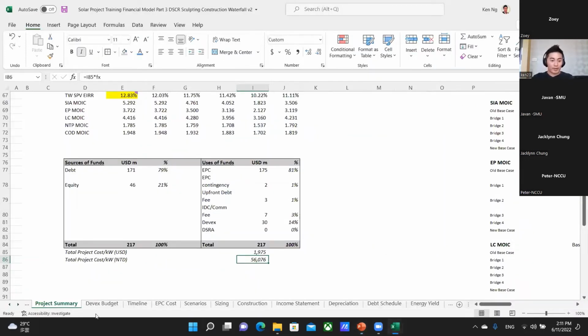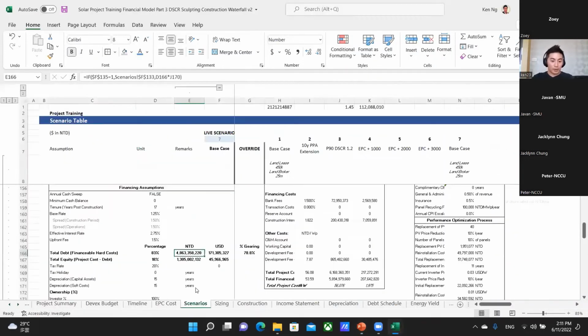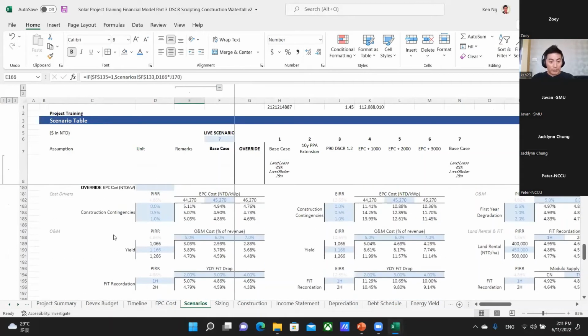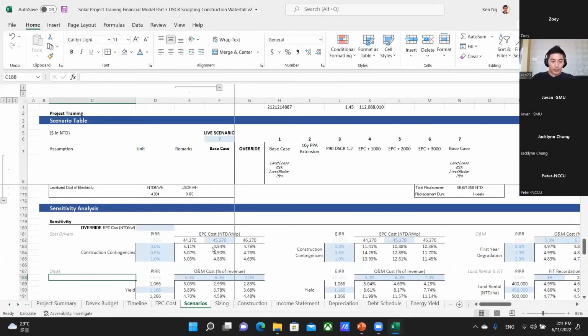Let's talk about data tables. So at the bottom here, you see that there's a bunch of data tables in here.